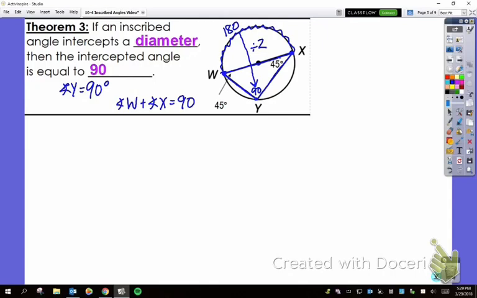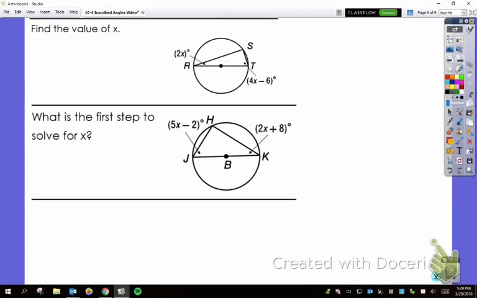So, on our examples on the inside, what we're looking at here is, do we have a diameter? And we do have a diameter. We have RT. And angle S's endpoints are on the diameter, so angle S would be 90 degrees. If angle S is 90 degrees, then our other two angles have to add to equal 90 degrees.